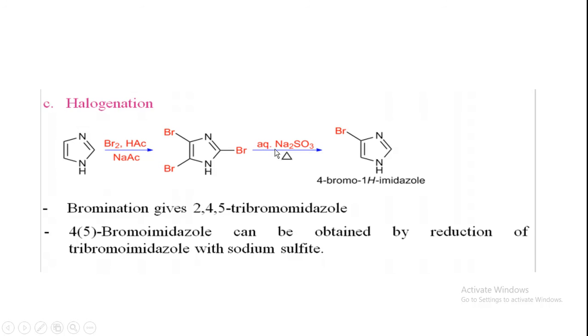If you just do reduction with this sodium sulfide, you will get the 4,5 dibromo imidazole. So this will be the product: 4 bromo 1H imidazole, or you can say 4,5 dibromo imidazole.